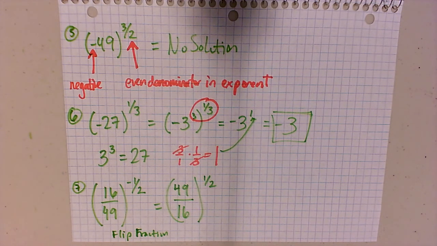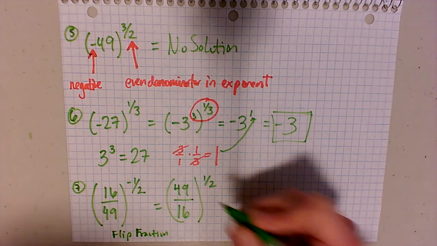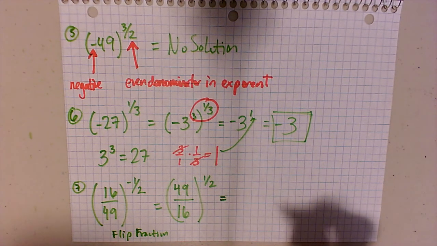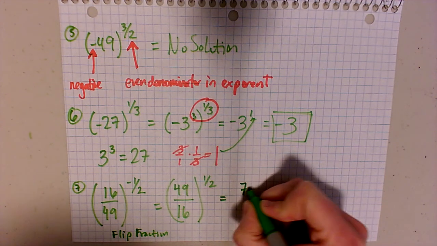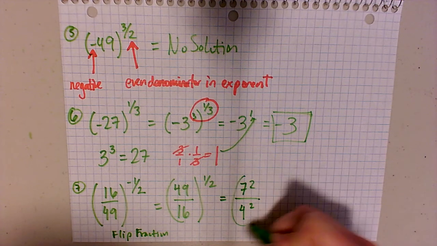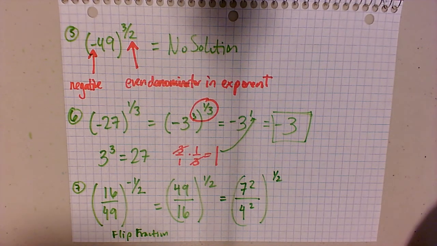Okay, so now this 1/2 is going to apply to both the 49 and the 16, so we want to be able to rewrite both of those with an exponent that has a base of 2. So 49 is the same thing as 7 squared, and 16 is the same thing as 4 squared, and this is raised to the power of 1/2, right?